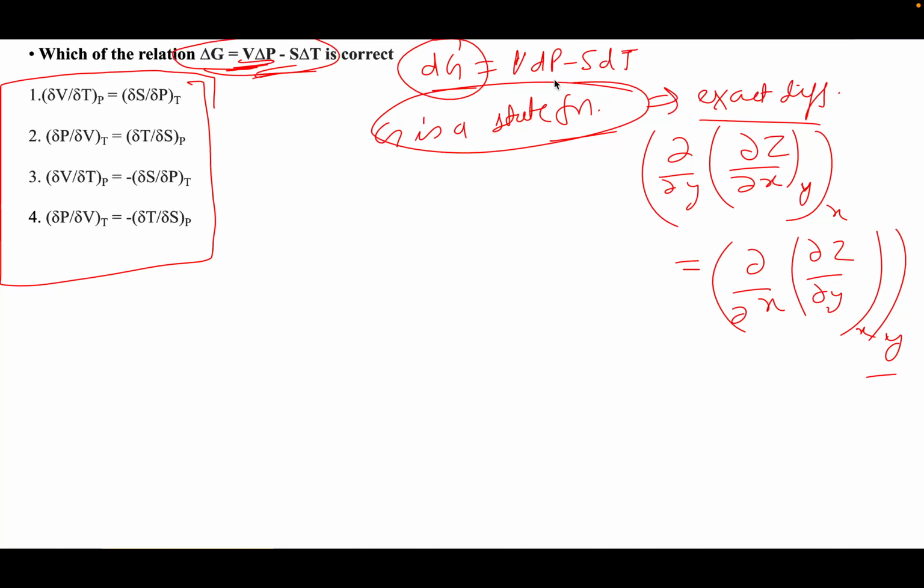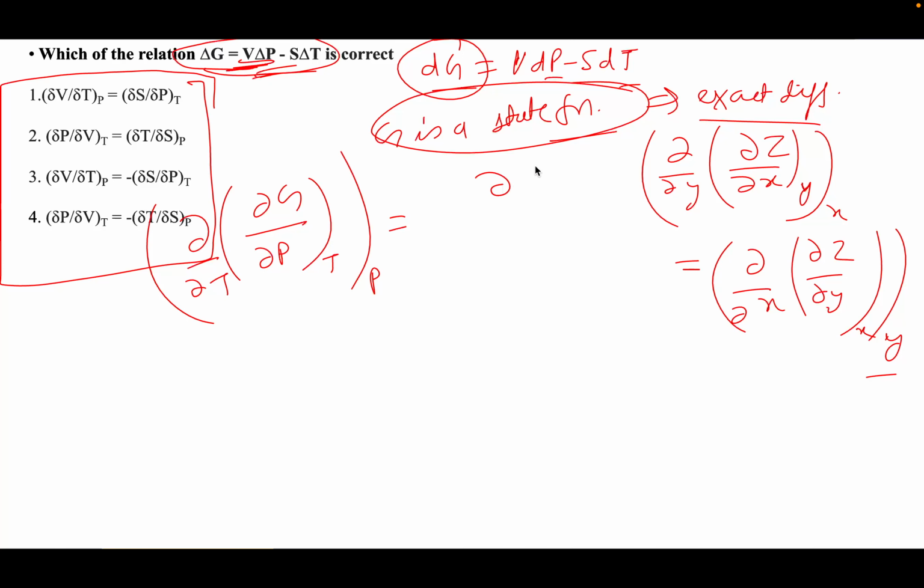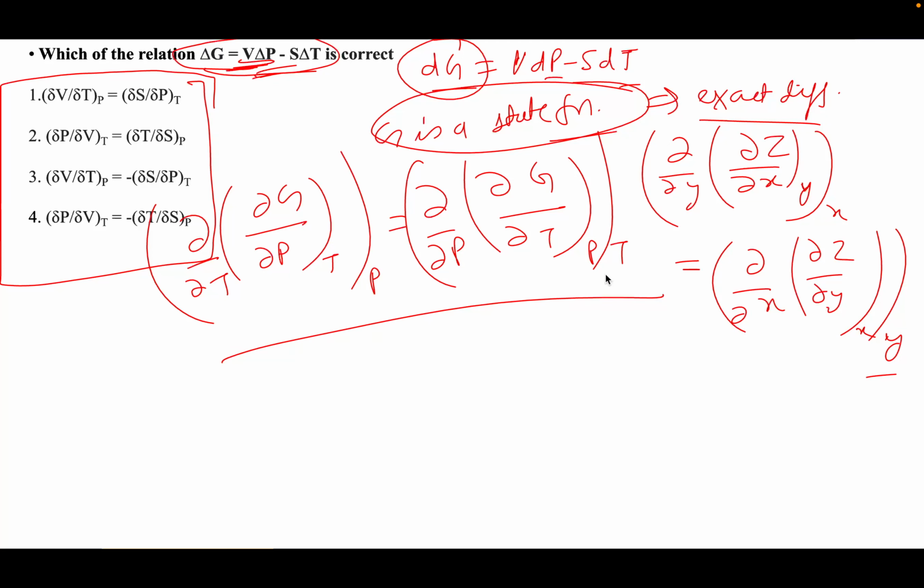Here G is a function of P and T. So we can differentiate G with respect to P first at constant temperature, and then with respect to T at constant pressure. This will be equal to differentiating it with respect to T at constant pressure, and then with respect to P at constant temperature. So this should be equal. We need to solve this and then find out which one is matching in the options.